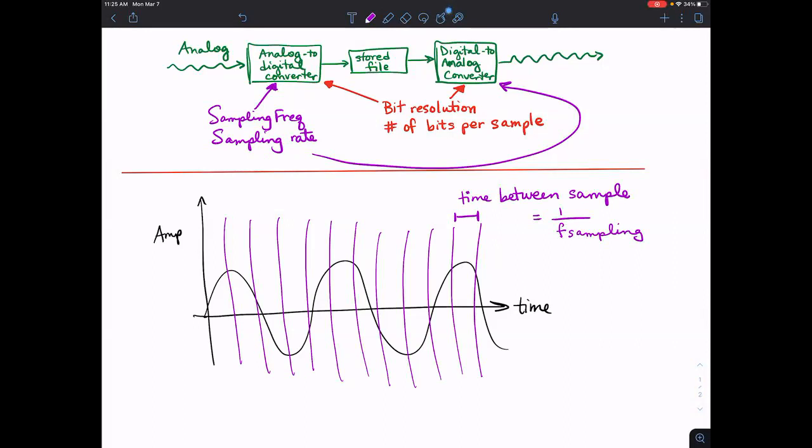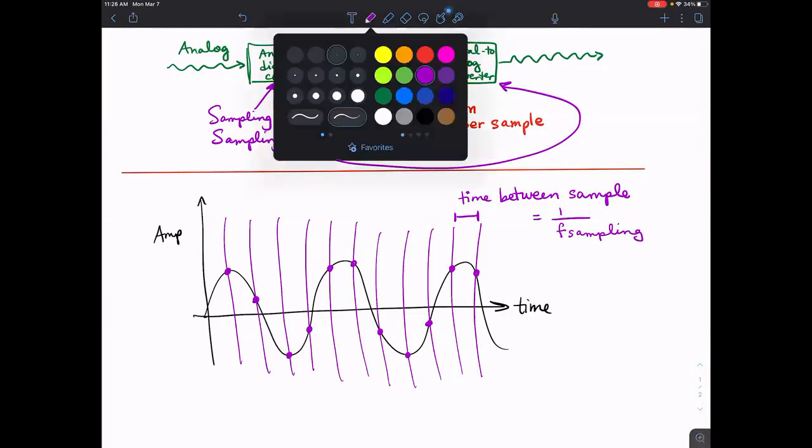A higher sampling frequency would get them closer together. Once I choose the sampling frequency, the value of the amplitude of the wave at these instants in time is what is going to be saved by the analog to digital converter. So the sampling frequency determines the spacing of those purple lines and how many dots will be saved.